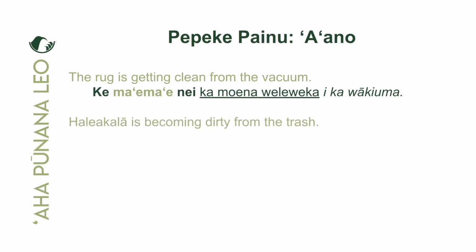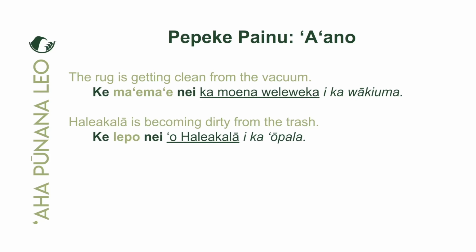Hoʻomau. Haleakalā is becoming dirty from the trash, because of the trash, by the trash. Let's take a look at the ʻŌlelo Hawaiʻi. Lepo is the word for dirty, but when you put it into the pepeke painu with the māka painu kine, it's becoming that condition.